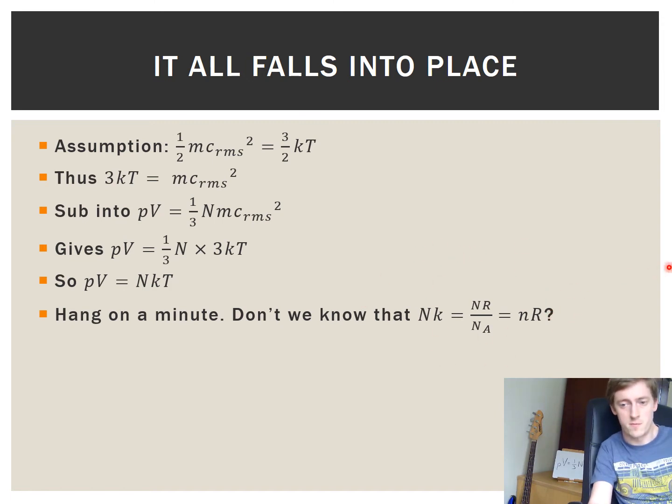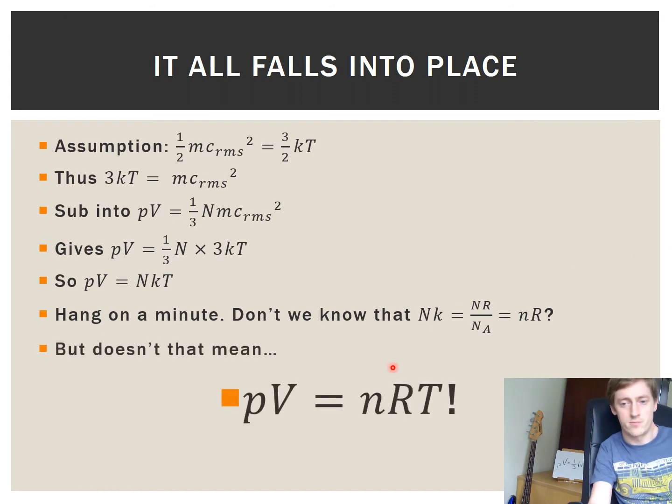It turns out that by that assumption, if we assume that that is correct, then it naturally follows that the kinetic theory equation gives us the ideal gas equation, which is this one here. So therefore it must be true. It must be that the kinetic energy, half m c_RMS squared, is also equal to 3/2 kT, which is helpful.